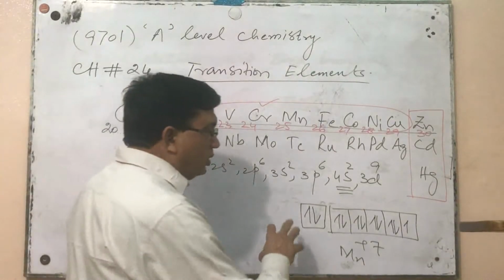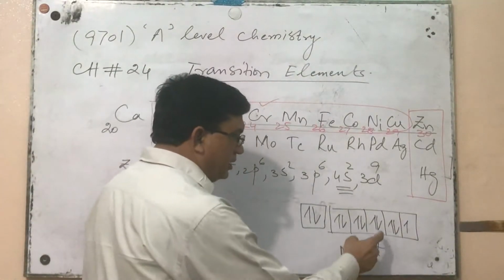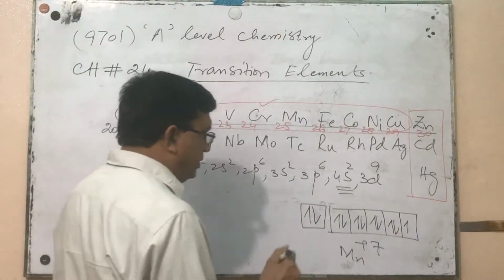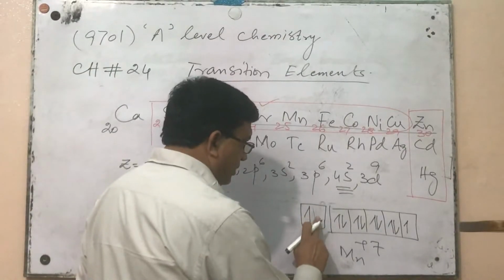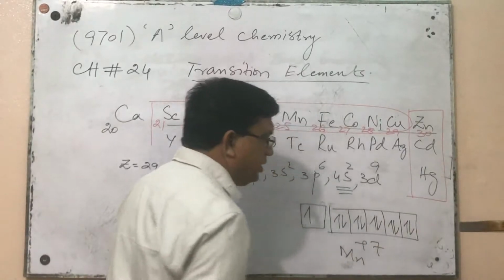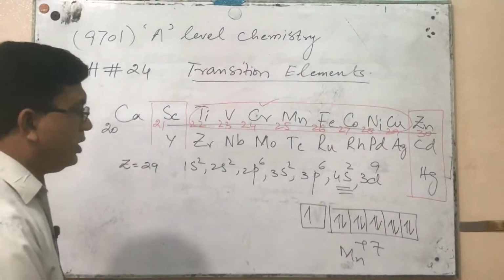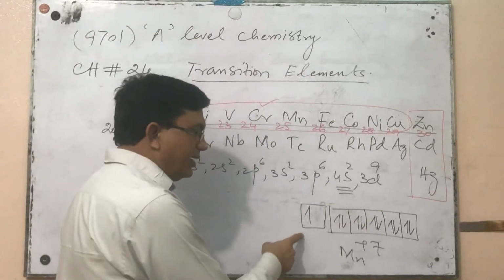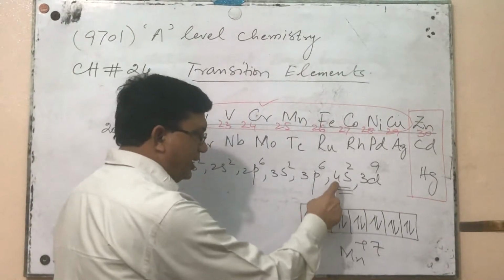Now, to gain the maximum stability, this d orbital can gain an electron from 4s to complete itself. Now, the d orbital is complete, and only one electron is left behind in 4s.